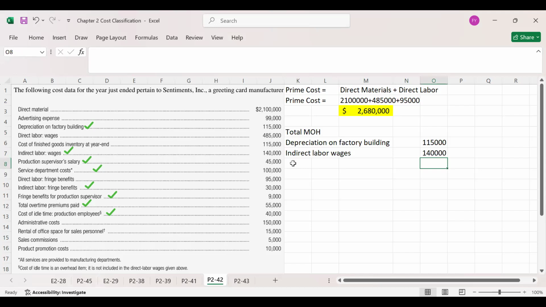Then production supervisor salary, which is $45,000. Then we have service department cost, which is exclusively for manufacturing, and the cost is 100,000. Then we have indirect labor fringe benefit.